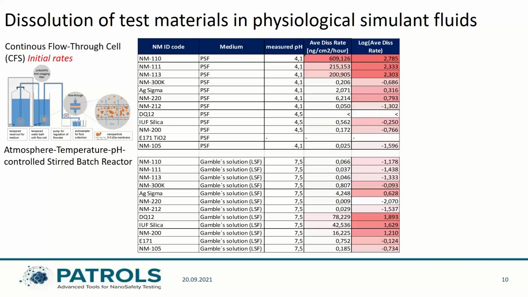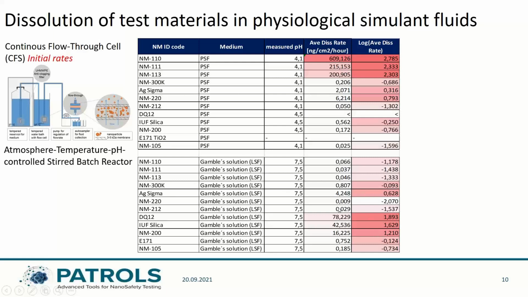If we look into the dissolution rates, we have the flow-through cell here, and we see more or less the same picture here with the faecal-lysosomal fluids and the Gamble solution down here, and high dissolution rates for the zinc oxides, where we find the highest rate for NM110. We also have a significant dissolution rate for the silver from Sigma and barium sulfate we see here.